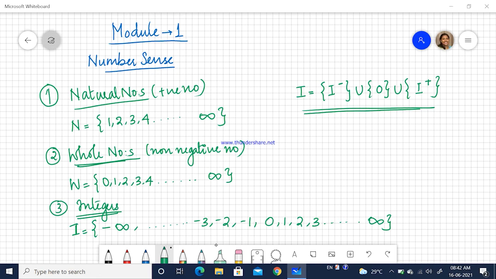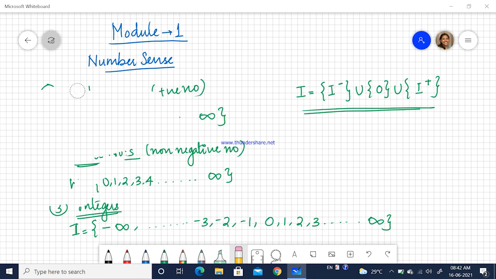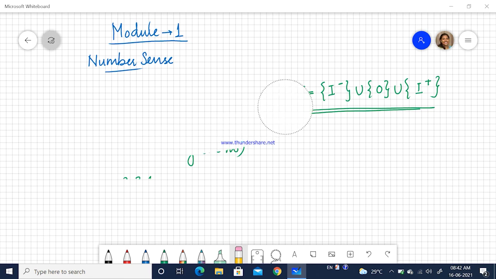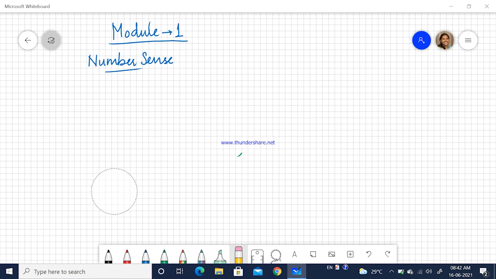Now the fourth type is rational numbers.